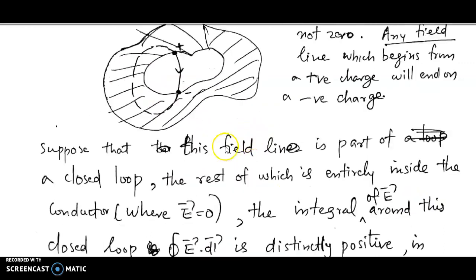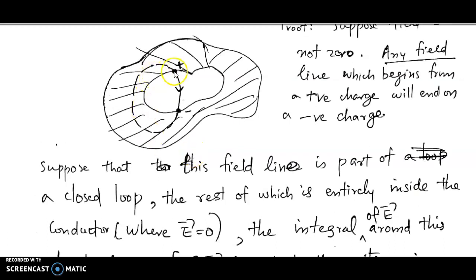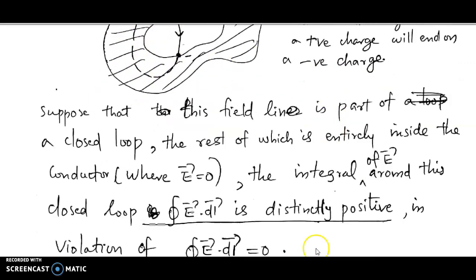Okay. Now suppose that we are calculating the line integral of the electric field along this closed path. Here it will be non-zero. If you assume there is field inside the cavity, here it will be non-zero. But here along this it will be zero.